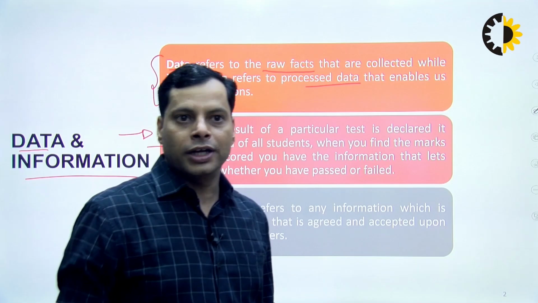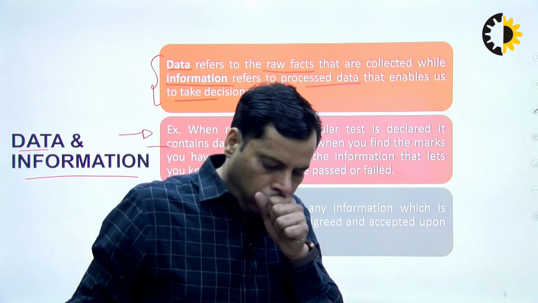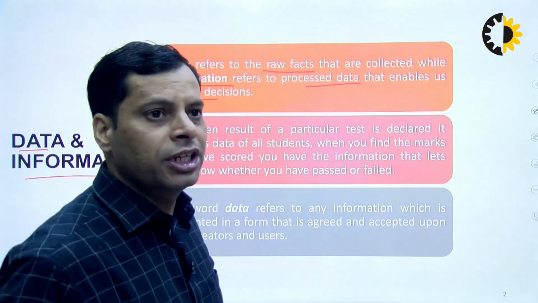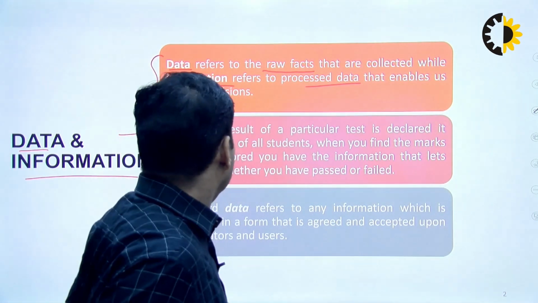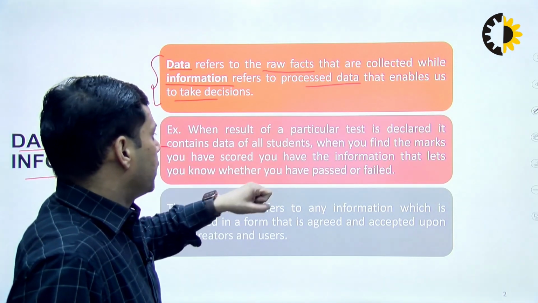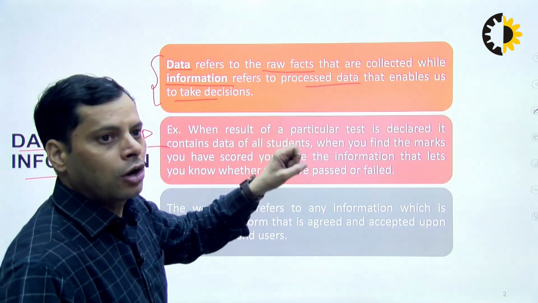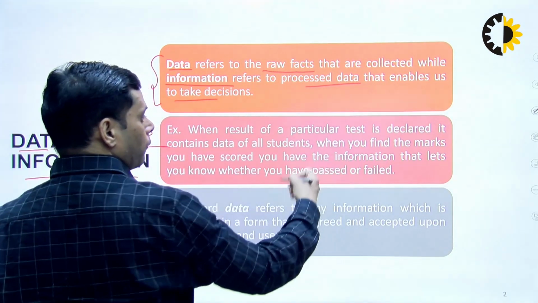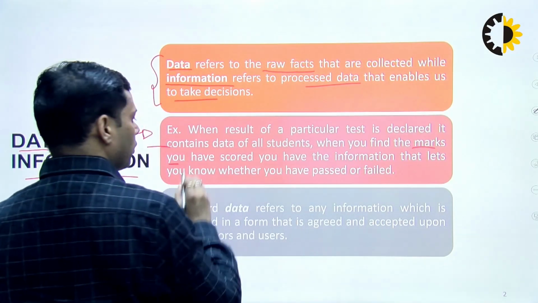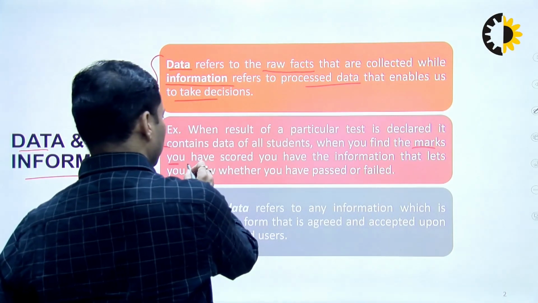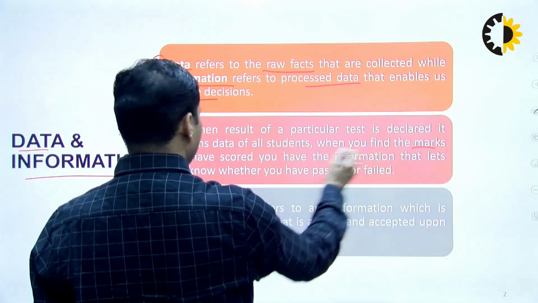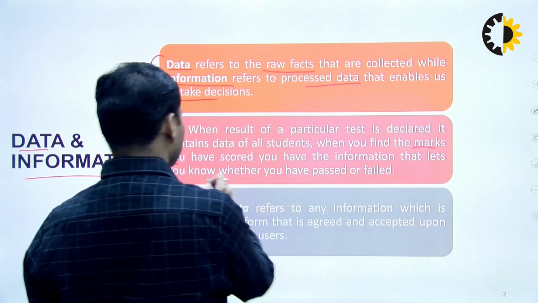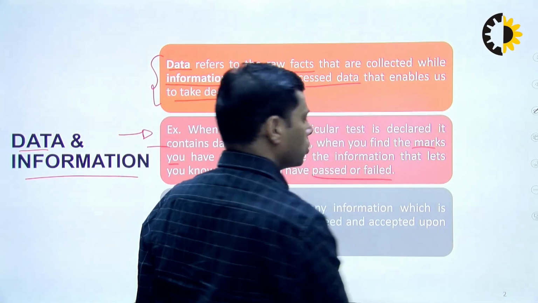If there are 60 students in that class, this is the data. But when we analyze the marks, the marks give the information that decides whether you have passed or failed.